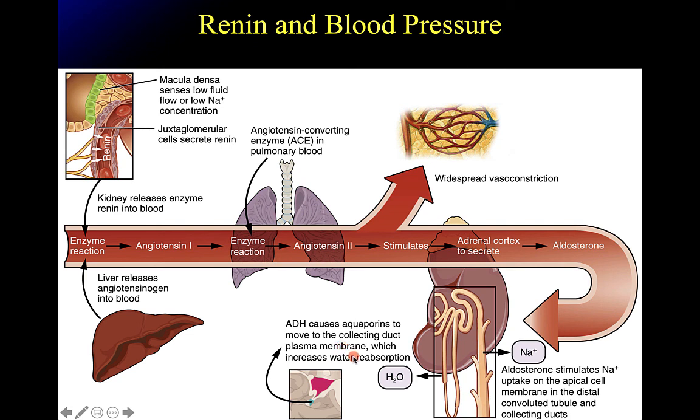This is going to allow water to exit the collecting duct and enter the renal medulla, where it can be picked up by blood vessels and returned to our blood supply. So as antidiuretic hormone suggests, it's going to make us not pee by allowing us to reabsorb more water. So the juxtaglomerular apparatus ultimately kind of is the trigger point for recognizing we have a problem and responding to it in multiple ways by raising blood pressure.